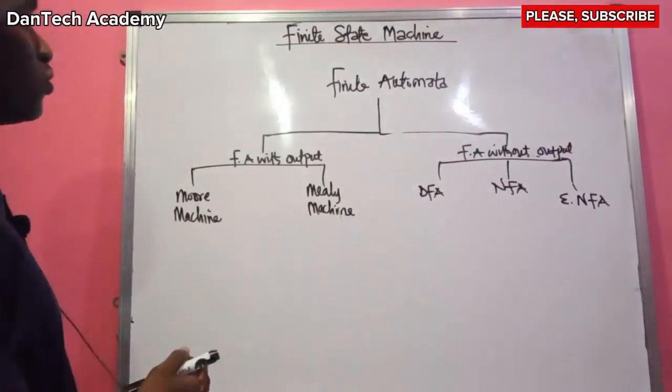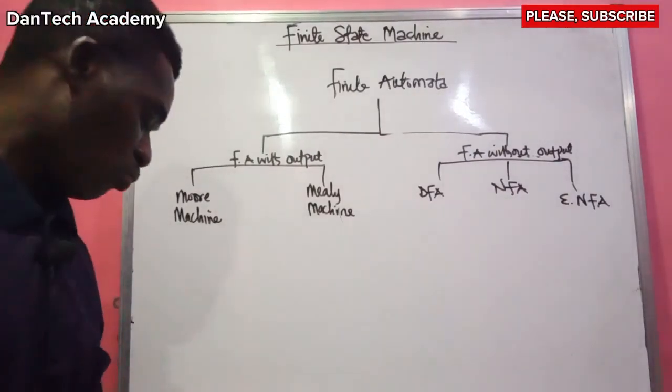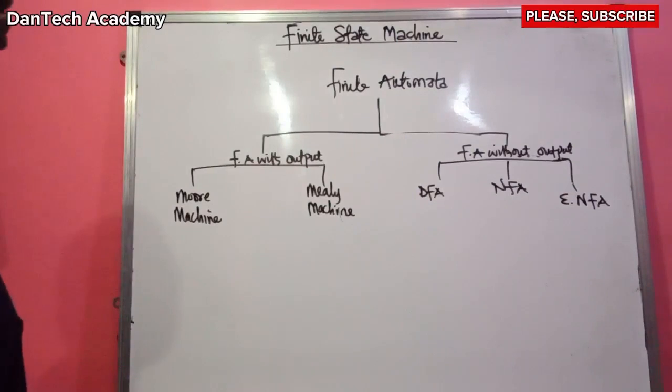In this video we want to continue where we stopped, and I will highly advise, if you have not been able to watch the first video where I teach the theory of computation, that happened to be the notation and mathematical aspects, then do well to watch that video because it's going to help you.